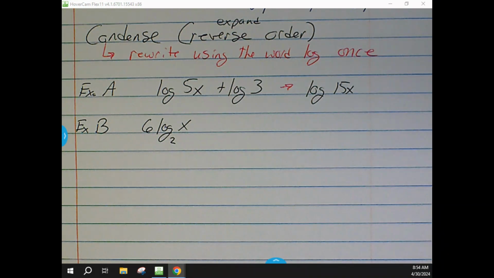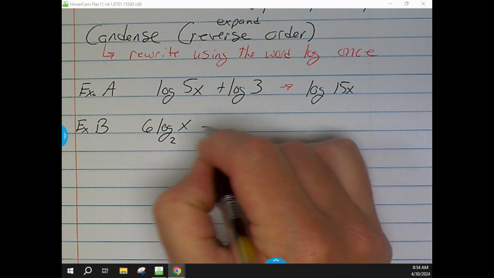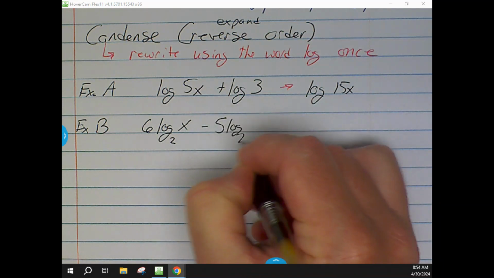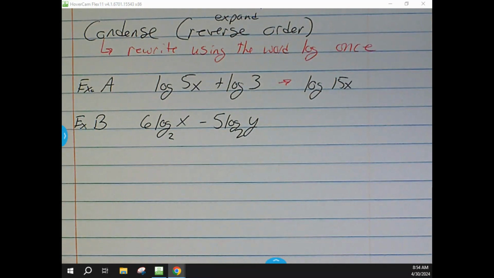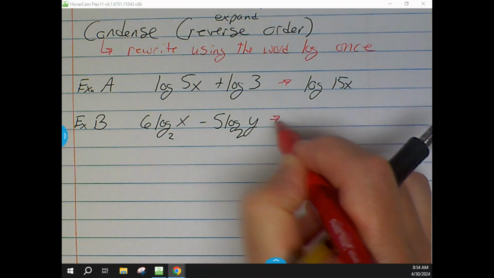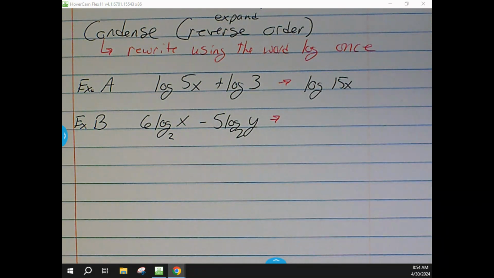Okay, so for this one, let's do 6 times the log base 2 of x, and then minus 5 times the log base 2 of y. Okay, so very first thing with this one is that it's kind of like still doing order of operations.